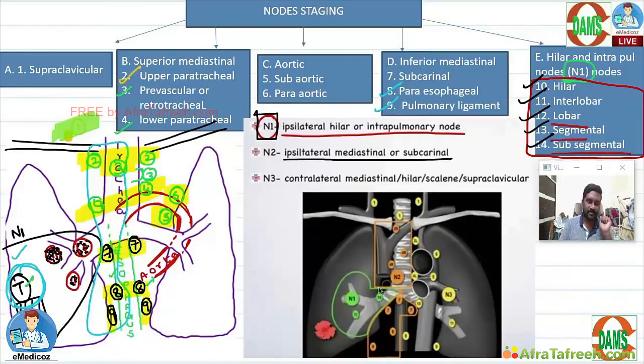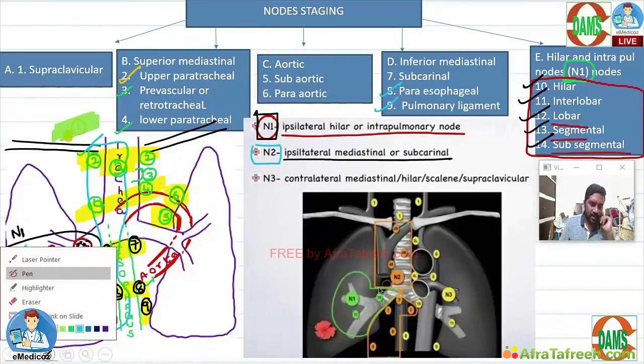All this, right from below the clavicle up to the pulmonary ligament, as I have drawn here. The disease is on the right and only right side nodes are involved. It accounts to N2.